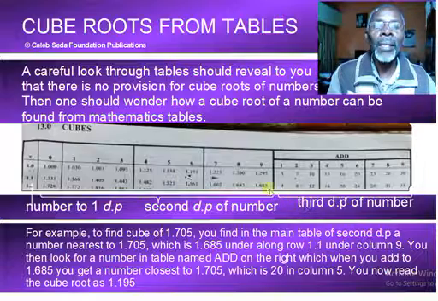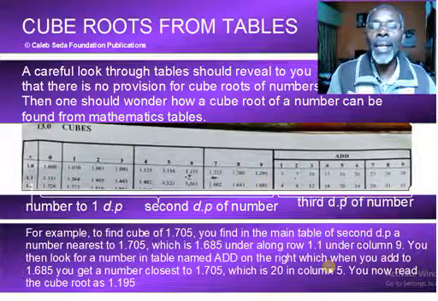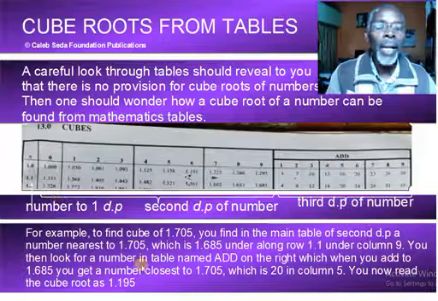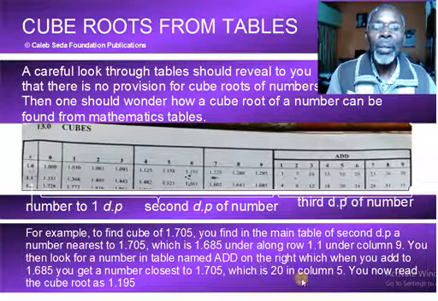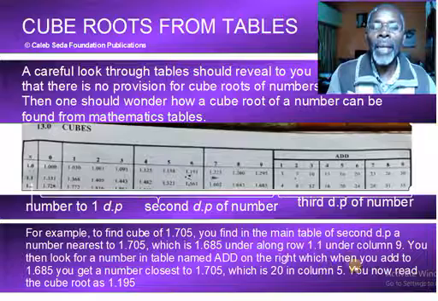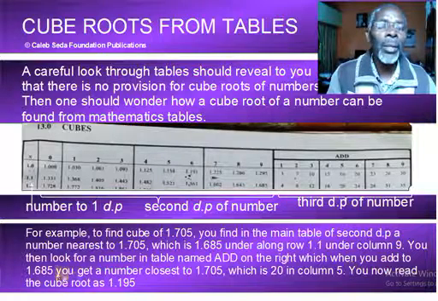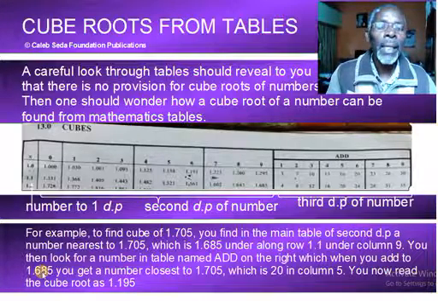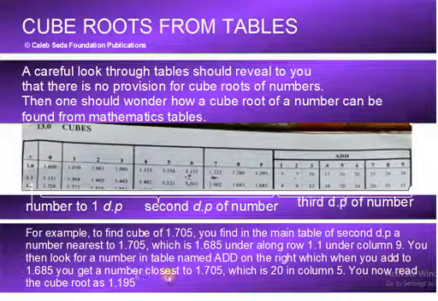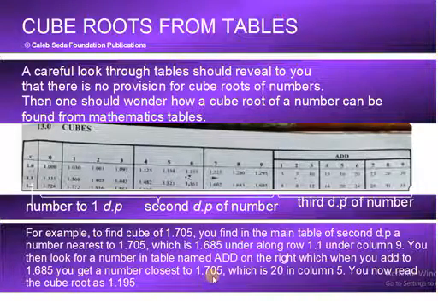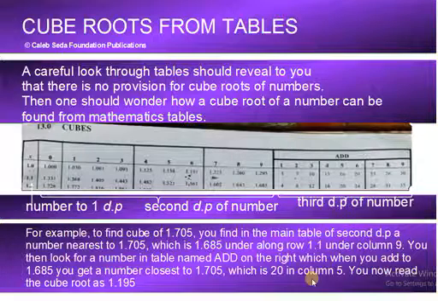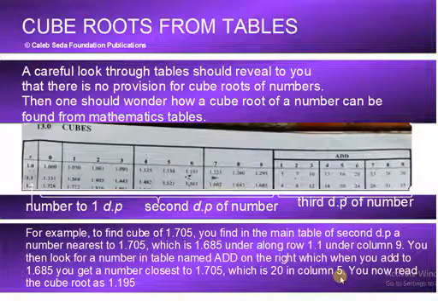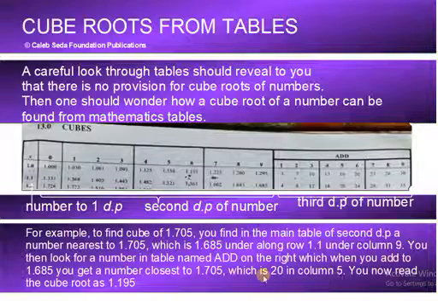Yes, 1.685. There we are. It's there. You then look for a number in the table of add on the right hand side, which when you add onto 1.685, you get close to 1.705, and you find that the number is 20 under column labeled 5.